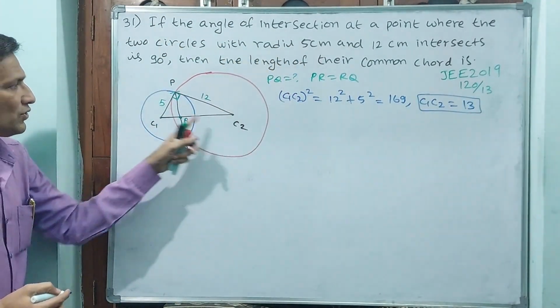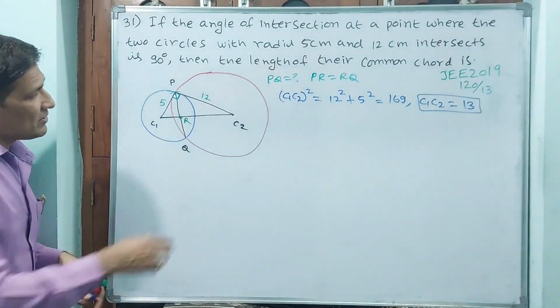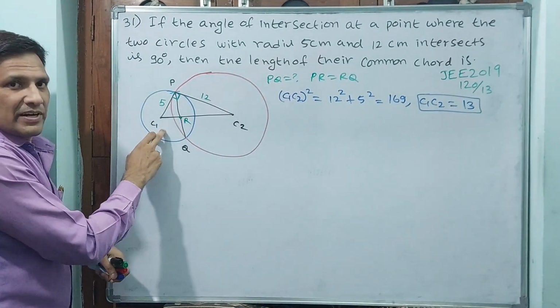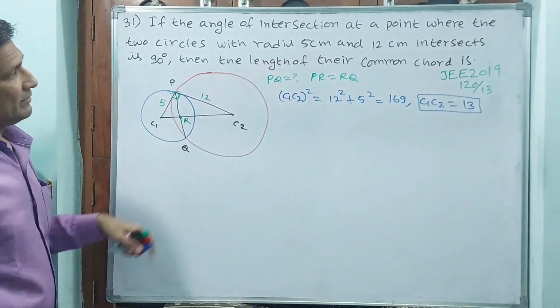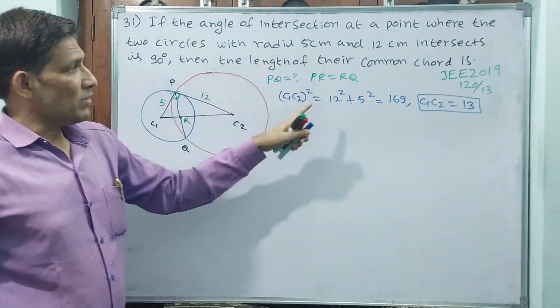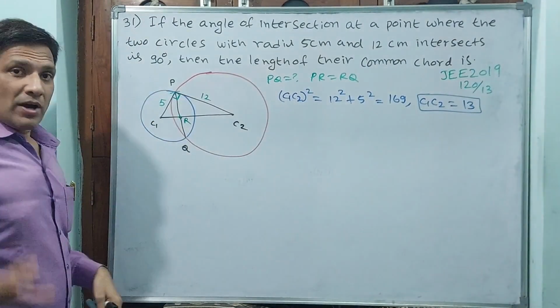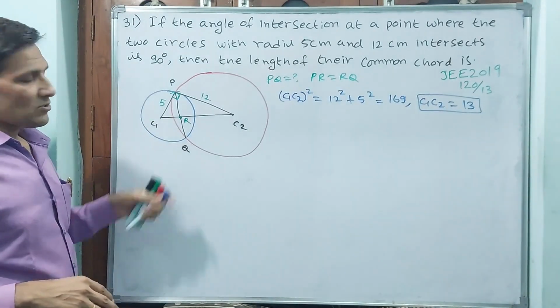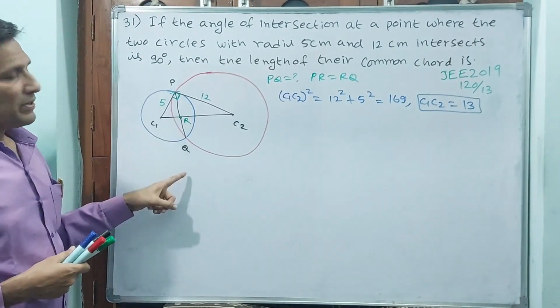But this is not exactly the midpoint, because this radius is different, this radius is different. That is why C1R and C2R are both different. But vertically, PR and RQ are the same. Now, how to find this PQ?